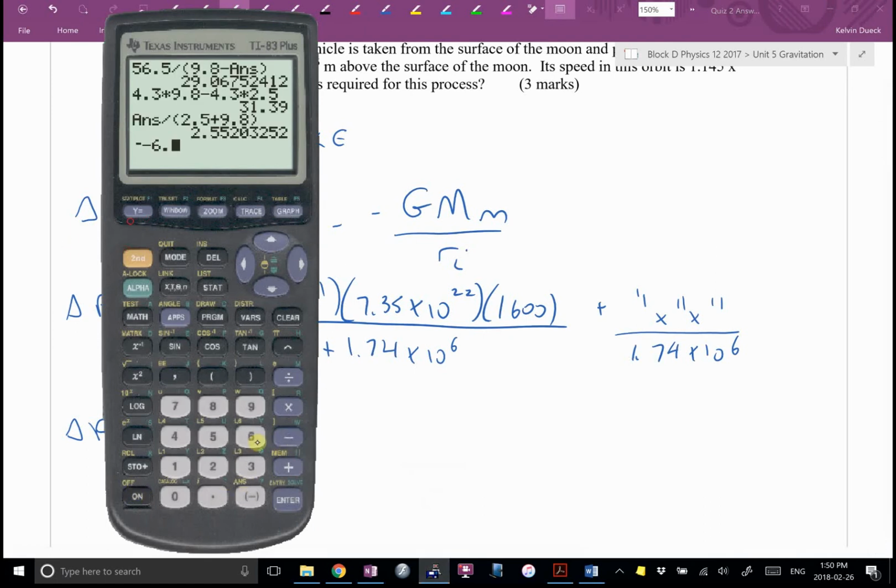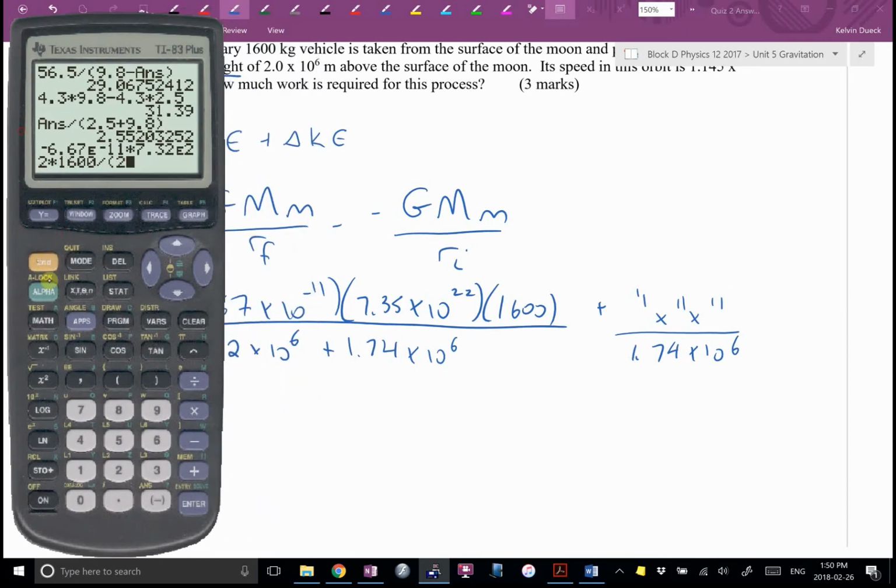Negative 6.67. Let's try that again. Negative 6.67 times 10 to the negative 11 times 7.35 times 10 to the 22 times 1,600 divided by bracket 2 times 10 to the 6th plus 1.74 times 10 to the 6th.